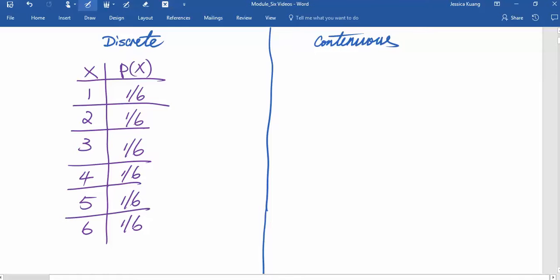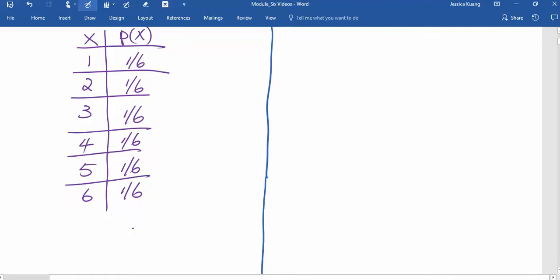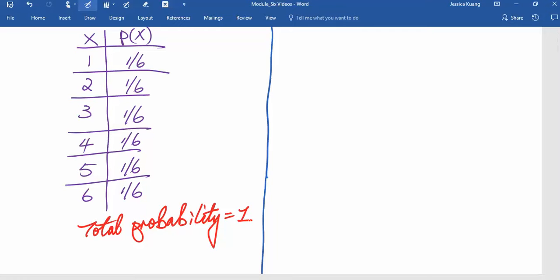Notice that when I sum up all of the probabilities, we have the total probability equals 1. And that is always true if we have a probability distribution table. And that is for discrete random variable.